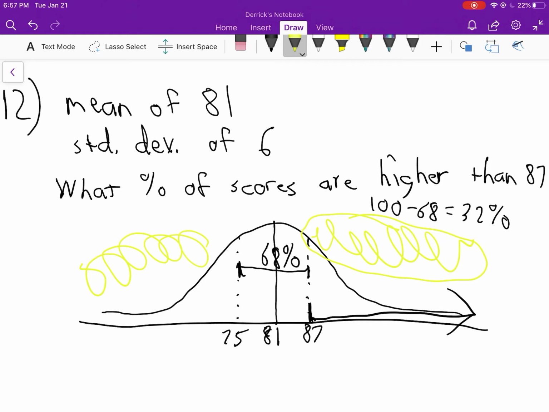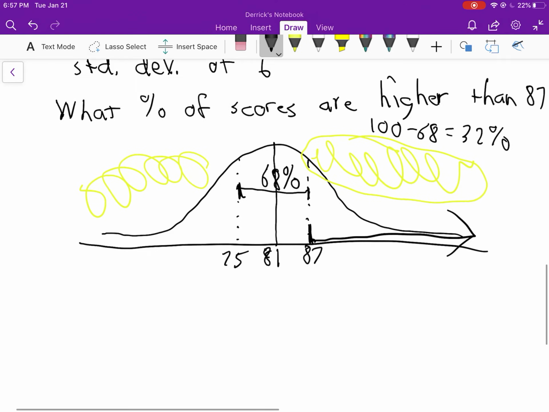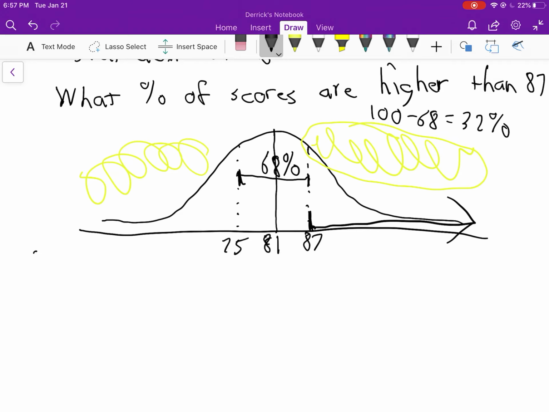The nice thing about a normally distributed graph is that it's perfectly symmetric. So if I have 32% left, and an equal amount on both sides of my graph that I haven't accounted for, I just need to divide that 32 in half to figure out what each side is. 32 divided by 2 gives me 16.